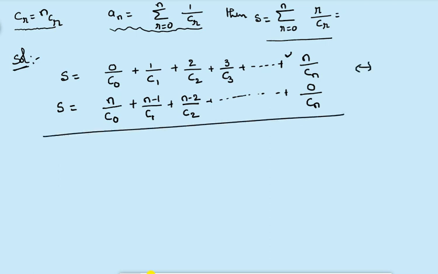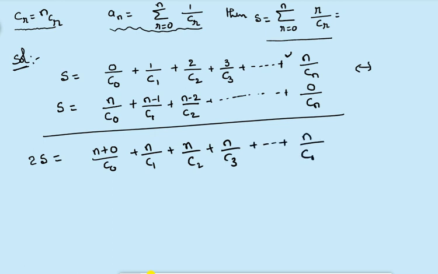Now add these two and you will get 2S is equal to (n plus 0) divided by C0, next n divided by C1, next n divided by C2, next n divided by C3, plus and so on. Finally you will also get n divided by Cn.